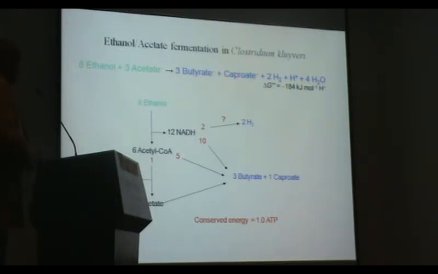And this was also discovered 50 years ago, and later it was discovered that hydrogen is formed, but nobody knows how NADH formed by oxidation of ethanol can give rise to hydrogen.